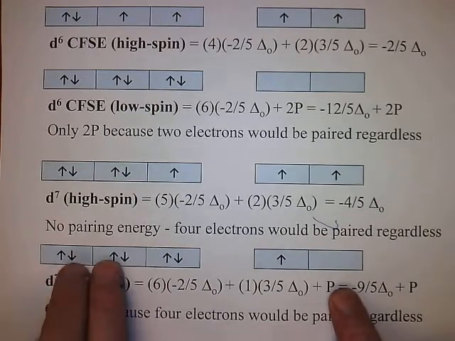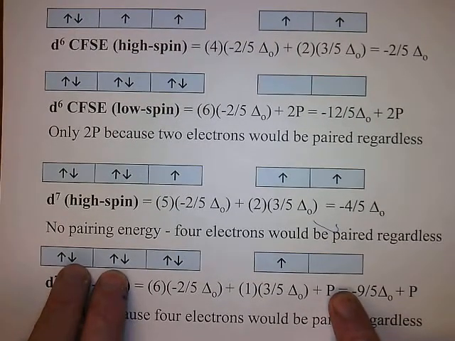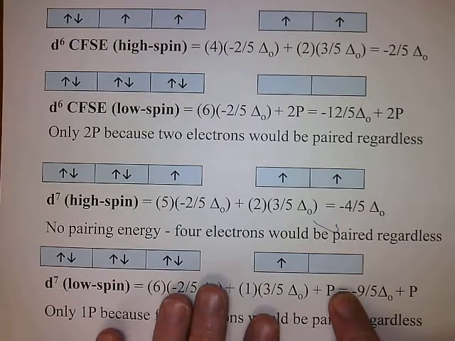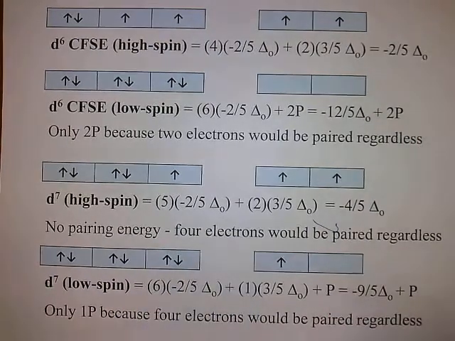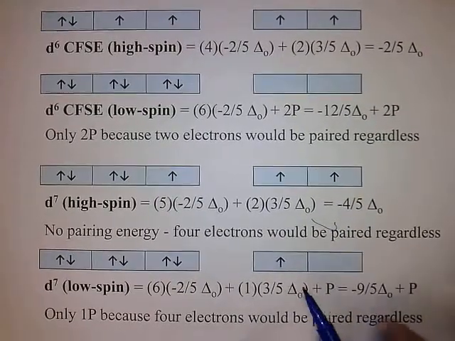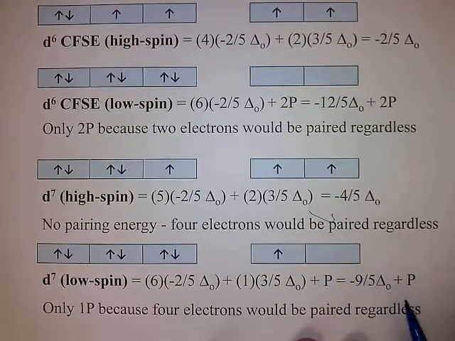Now these would already have been paired to begin with. So we're only having to supply 1 pairing energy above and beyond what we would have in the case of no field splitting. So we're having to supply 1 additional pairing energy. So our stabilization energy is minus 9/5 times the field splitting plus the pairing energy.